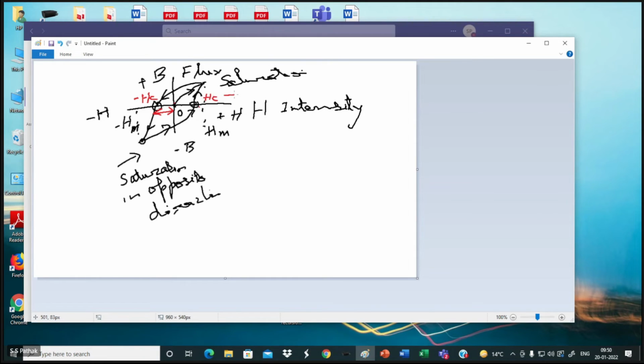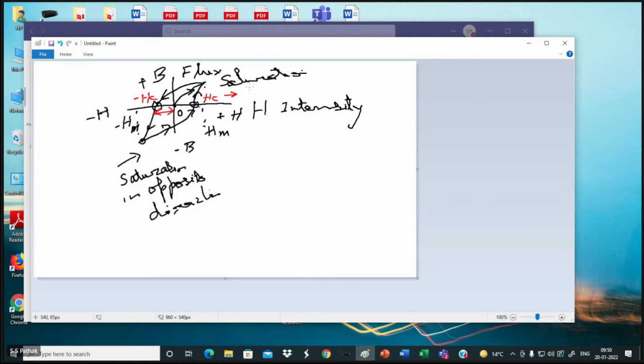The C I'm indicating here because that is known as coercivity. Yes, right.